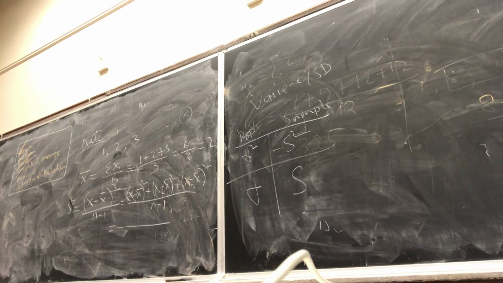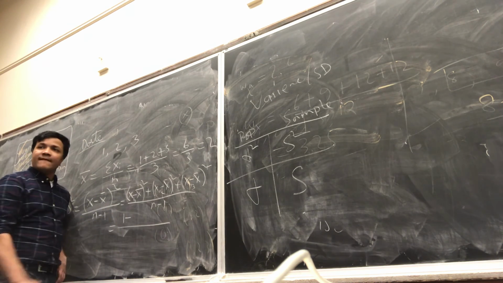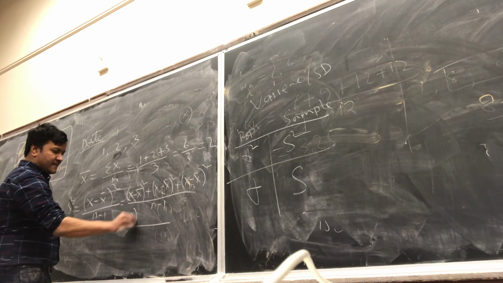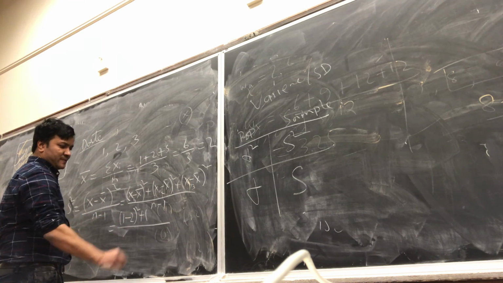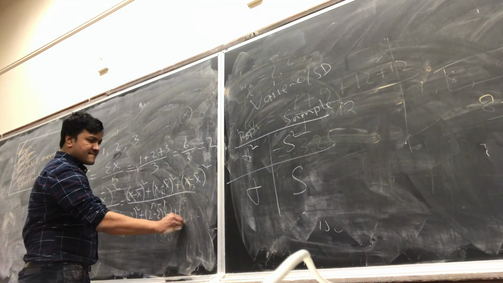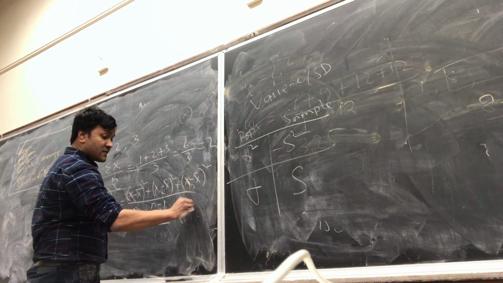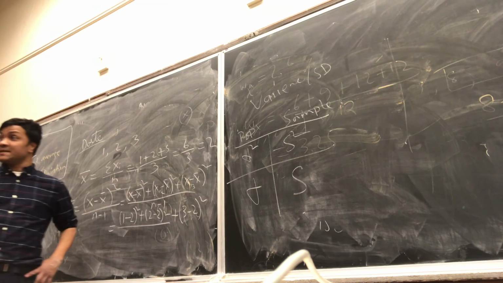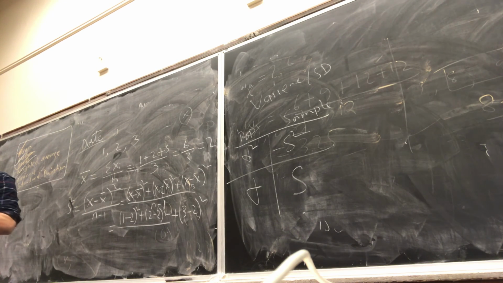So what is xi1? 1. What is the mean? 2. So 1 minus 2 squared, plus xi2 minus 2 squared, plus xi3, 3 minus 2 squared. 2 is the mean, so you take away the mean from the data.